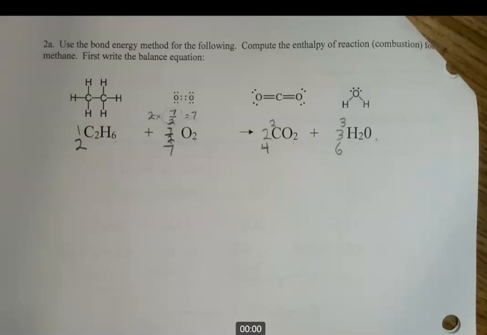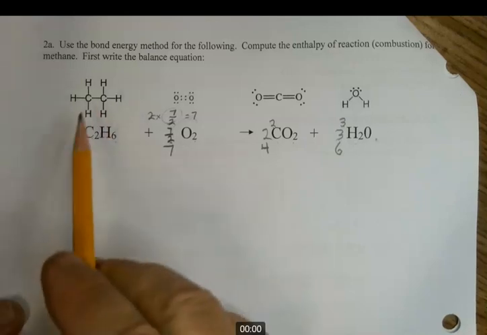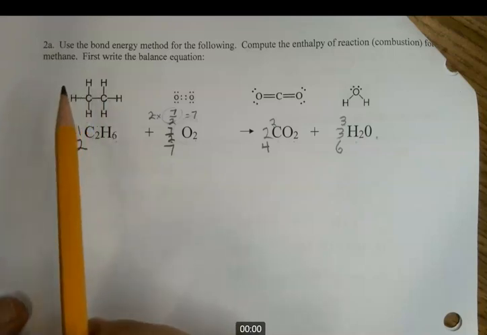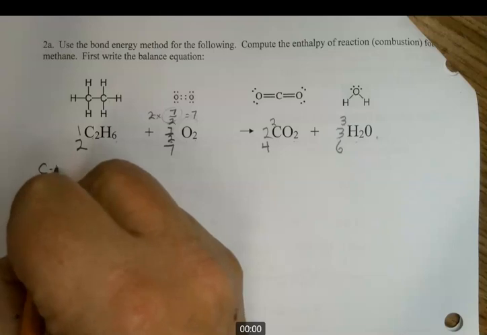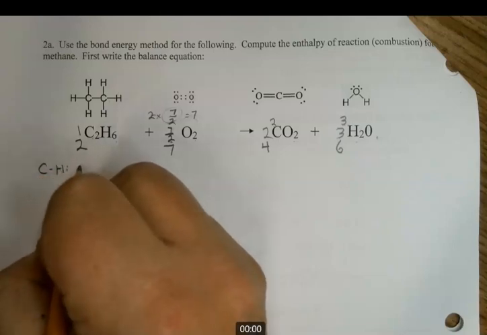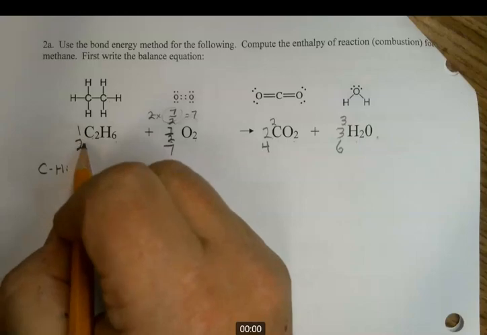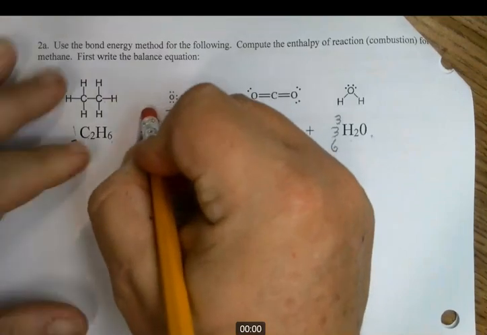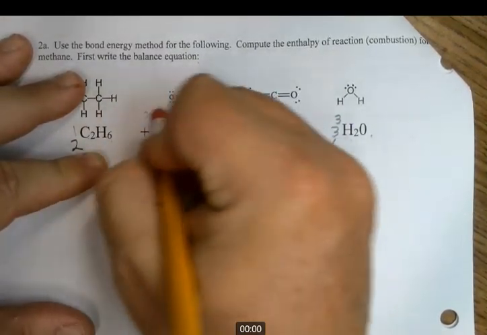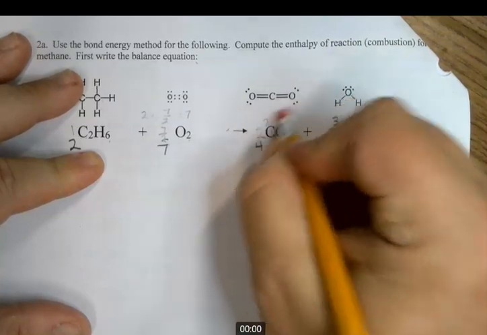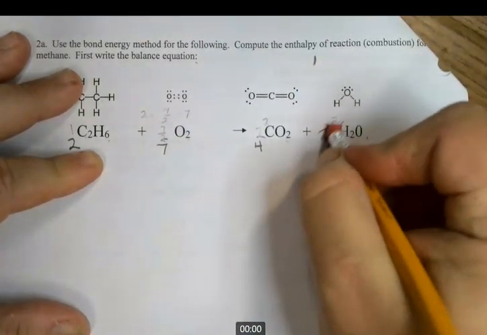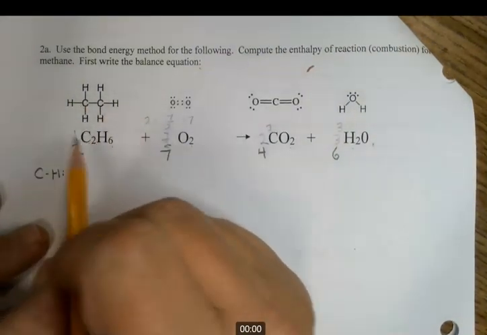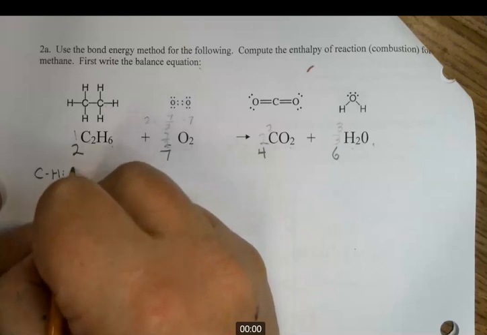So let's go ahead and do this. Again, in ethane, we have 1, 2, 3, 4, 5, 6 carbon-hydrogen bonds. I'm going to write carbon-hydrogen right here. And we have 2 molecules of that. Let me erase some of these other numbers so it's not confusing. So we have 1, 2, 3, 4, 5, 6, and we have 2 molecules of ethane, so that's going to be 12. 2 times 6 is 12.